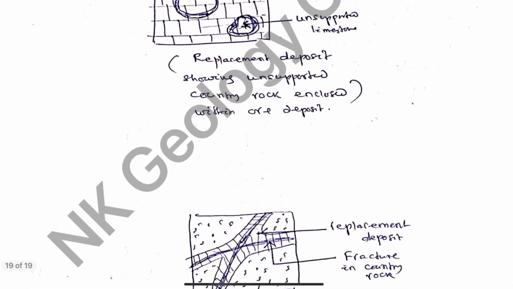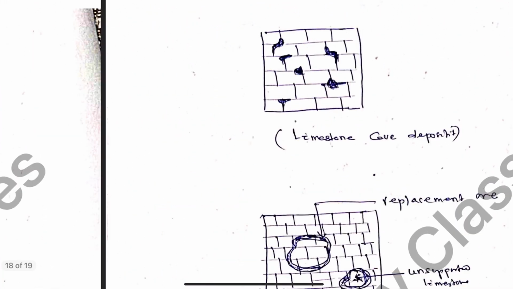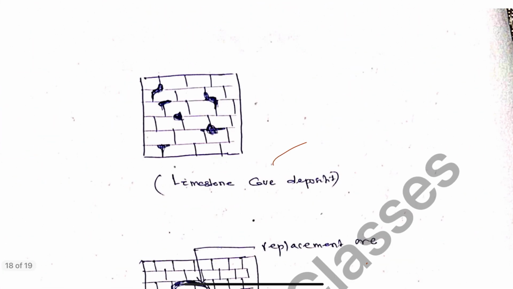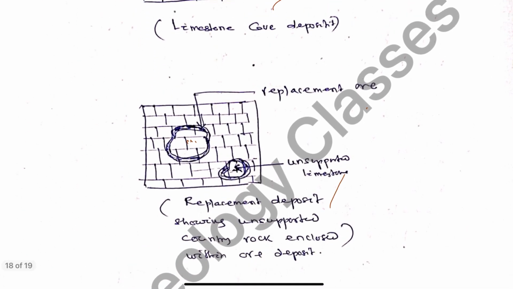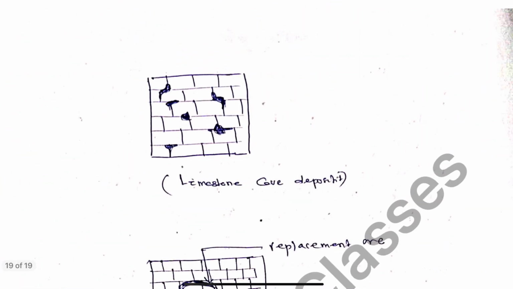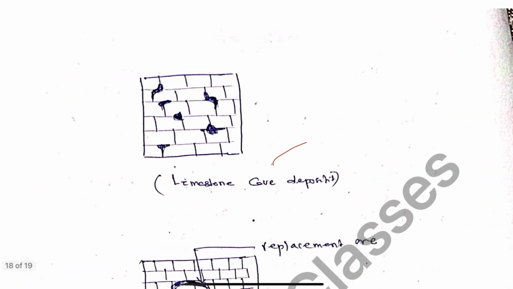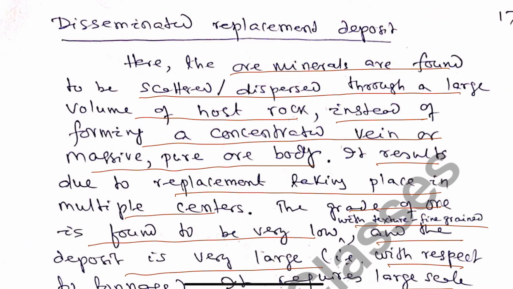So these are some of the figures that show the cavity filling and replacement type of deposits. These are mostly replacement type of deposits. So replacement types are disseminated type, lode type and massive type.